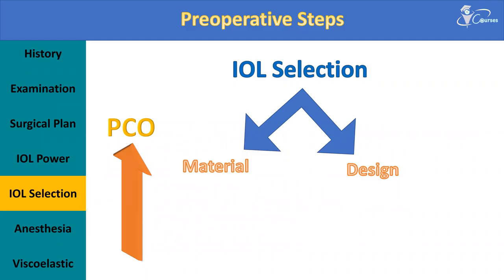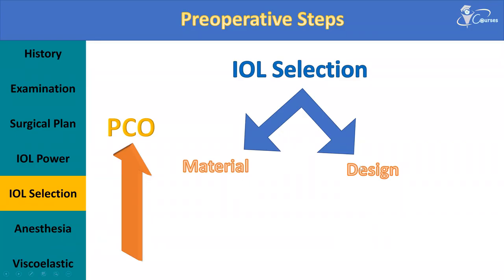Also, the material and design should be easy in handling, showing easy unfolding and easy implantation. And in special cases, where there is insufficient capsular support, a patient with myopia, history of uveitis, or pseudoexfoliation, the IOL choice may be a little bit different from conventional cases. Also, if the patient has corneal astigmatism or high order aberrations, a specific IOL may be indicated.